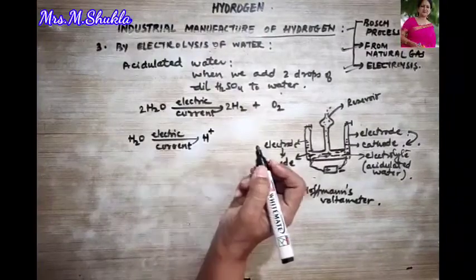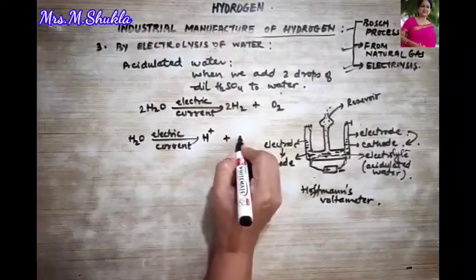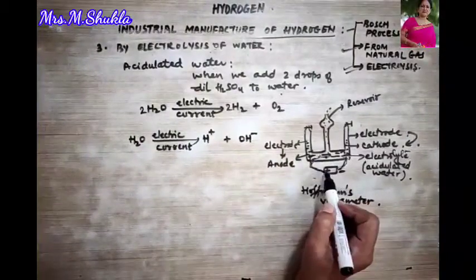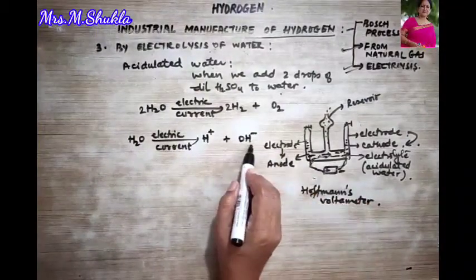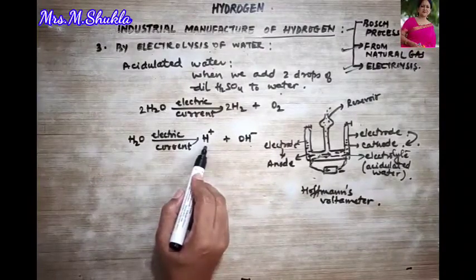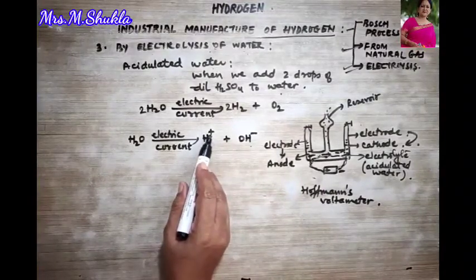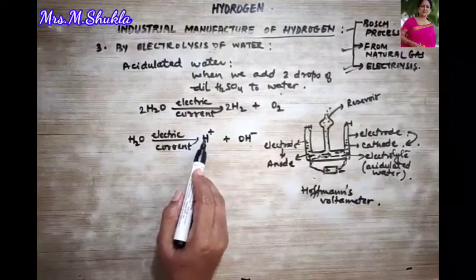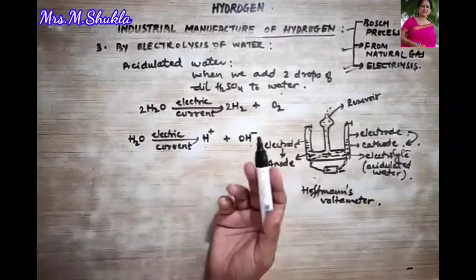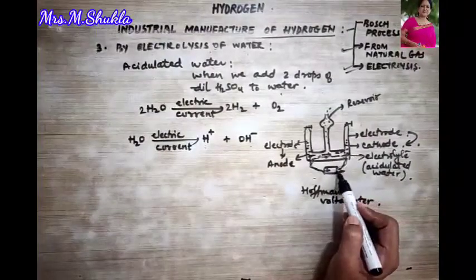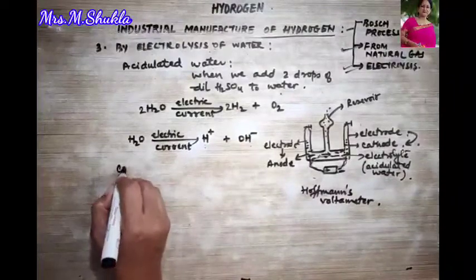The hydrogen ions and the hydroxyl ions are given out. Now where will this hydrogen ion go? Hydrogen has a positive charge. It will get attracted towards a negative electrode. So what is a negative electrode? Cathode is your negative electrode.